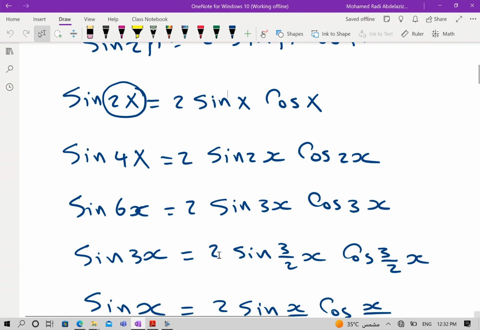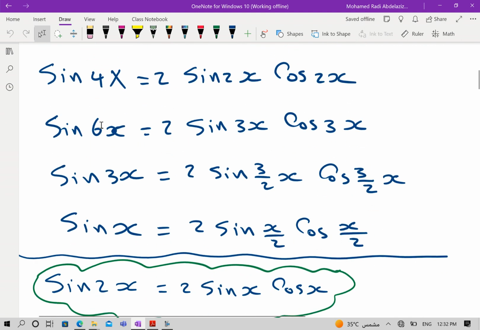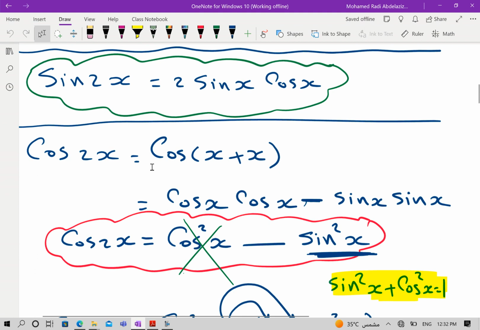Sine 3x you can also split into 3 over 2 x and 3 over 2 x, so we divide the angle by 2. We write 2 sine cosine of half the angle. If it is x, we can split it into x over 2 and x over 2. So the final formula for sine 2x is 2 sine x cosine x.